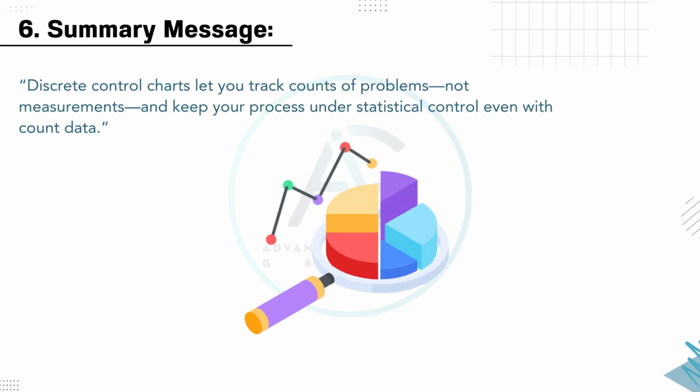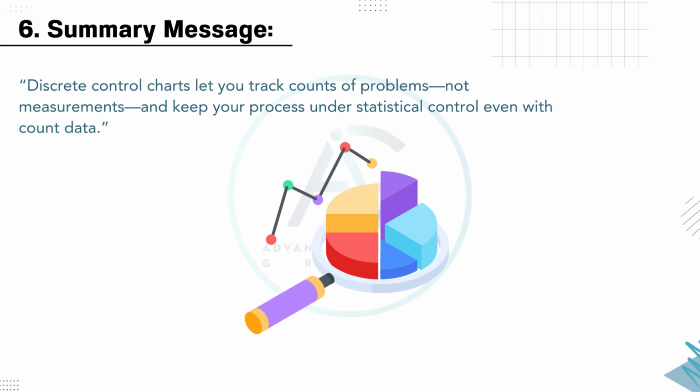As we wrap up this module on discrete control charts, here's the key message to remember. Discrete control charts let you track counts of problems, not measurements, and keep your process under statistical control even with count data. That's the core of it. Whether you're tracking defects, errors, complaints, or defective items, these charts give you the tools to visualize process behavior, detect unusual variation, and respond before issues become bigger problems.